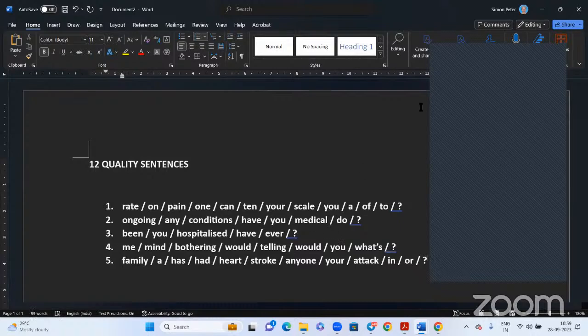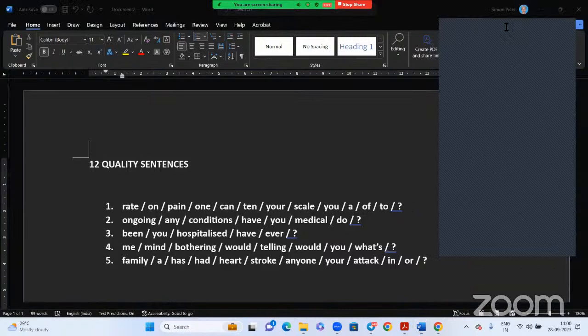Yeah, this is the next one, fifth point. Family a has had heart stroke. Anyone your attack in or.